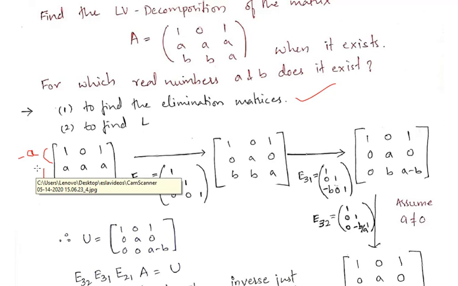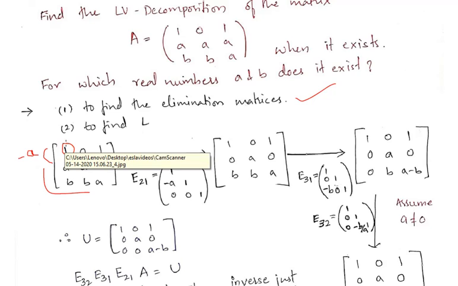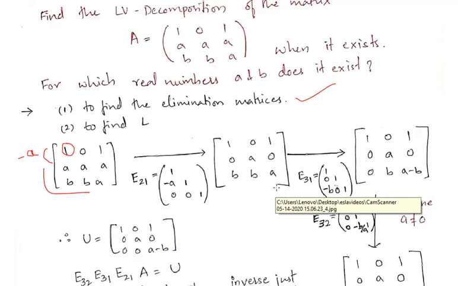We can multiply row 1 by minus a, then add it to row 2, considering this as the first pivot element. So what do we get? 1 0 1, 0 a 0, and b b a. I have done the row operation, multiplying row 1 by minus a and adding it to row 2. The resulting matrix is this one.